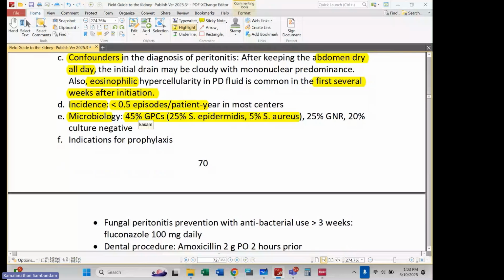Staph epidermidis, Staph aureus are many of the GPCs that you see. Okay, you could also have the streptococcal bacteria as well. Okay, also skin commensals. And then you may have gram negatives as well as the culture negative patients as well. Okay.